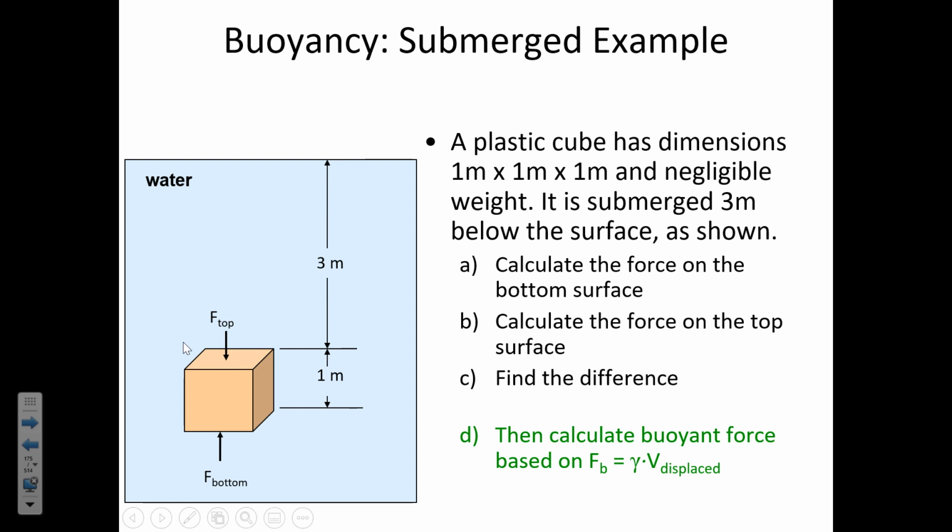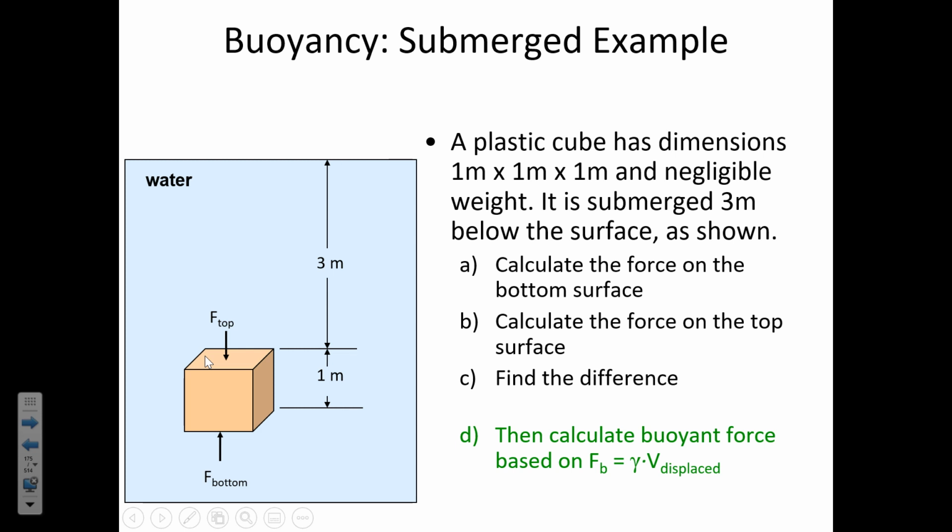So the top force is going to be equal to, remember the definition of force is pressure times area. So force top is going to be the pressure at the top multiplied by the area of the top. Okay, so pressure is delta H times the unit weight of the fluid.